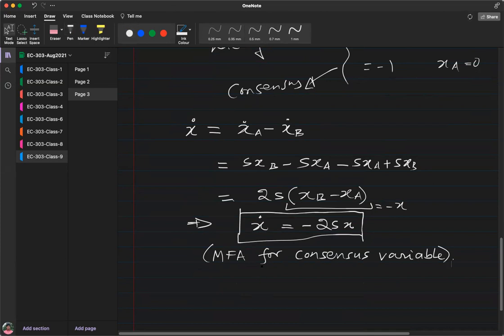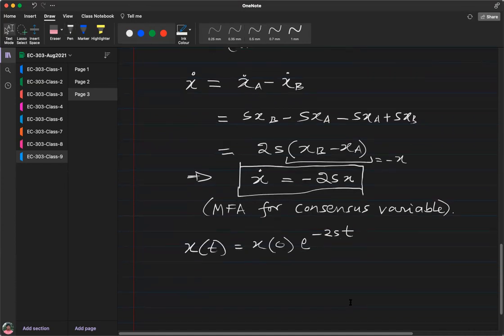Okay, is everyone happy with this? And we know the solution for this. This is just an exponential decay. Okay.